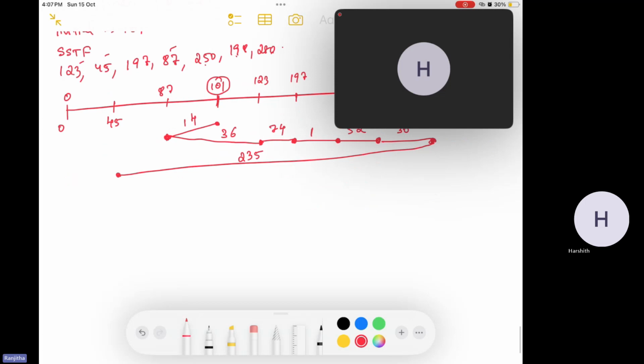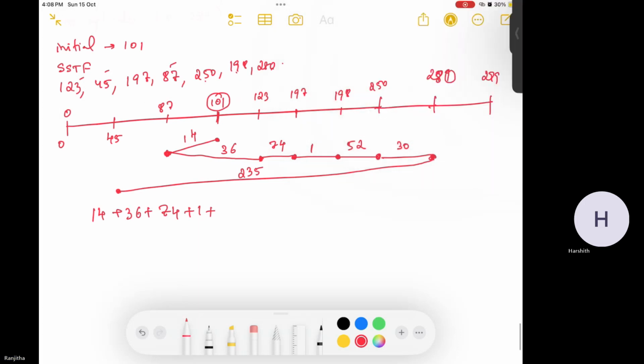So the total head movement is 14 plus 36 plus 74 plus 1 plus 52 plus 30 plus 235, which is 442.